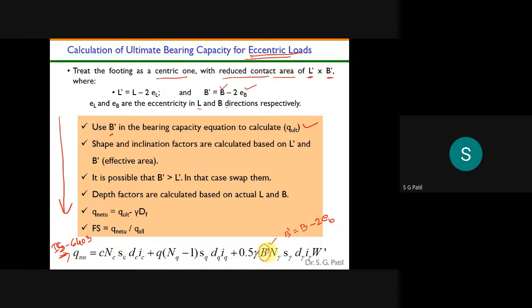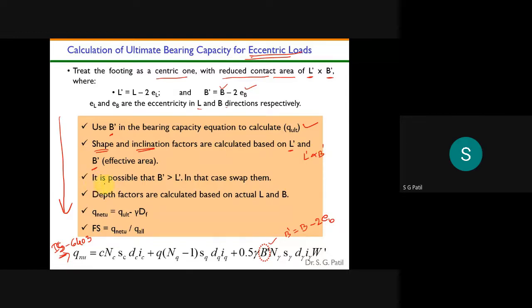That's what I have written here, B dash. Then the shape and inclination factors are calculated based on your L dash and B dash dimensions. So you should not use L and B there. While calculating the shape factor and inclination factor, I should use L dash and B dash.